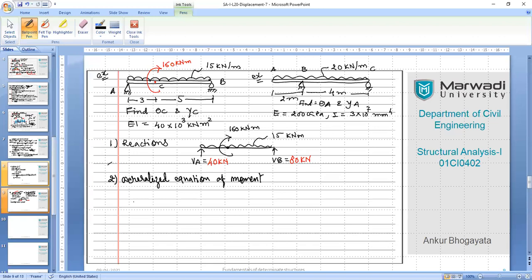Okay, so let's write down Mx. Now we start moving from point A towards B with x distance. So who will guide me how to write the equation over here? Again, you can raise your hand.